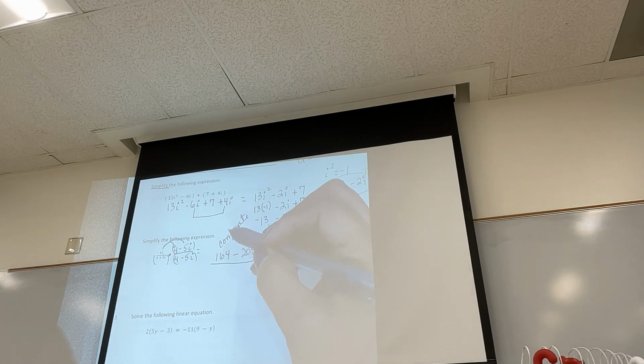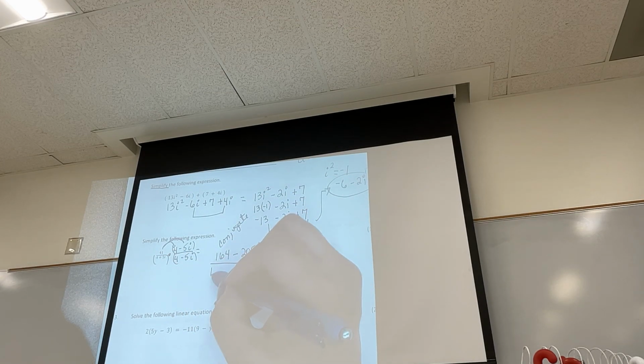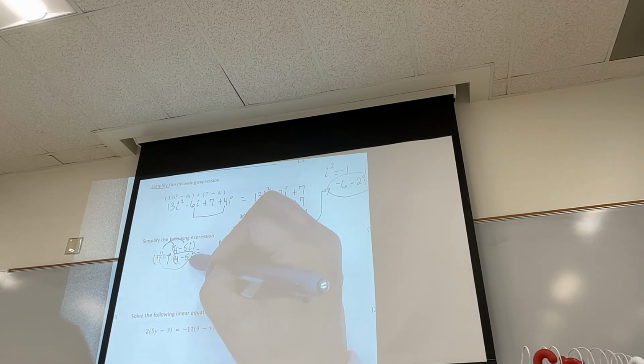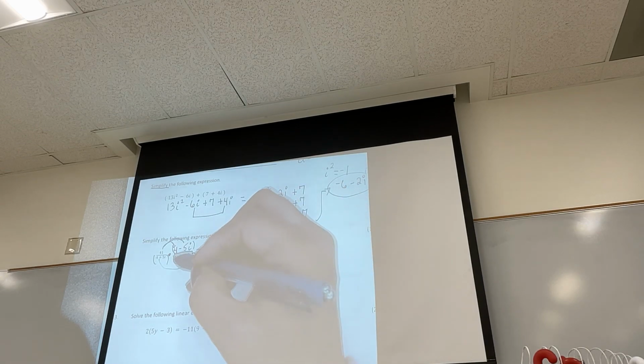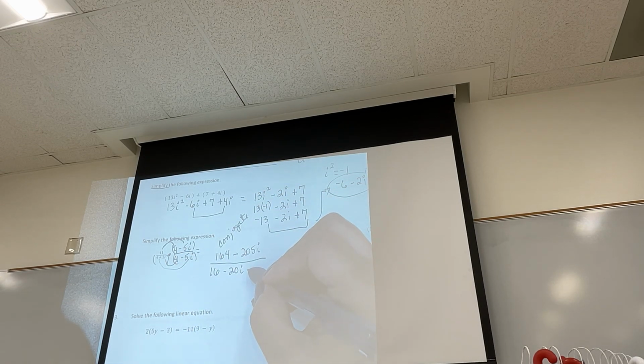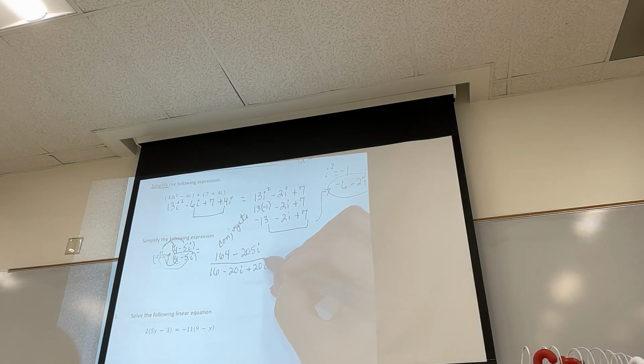Divided by or over. Everybody can FOIL. All right, 4 times 4. 16. 4 times negative 5i. 5i times 4. 20i. It doesn't matter which one you do first as long as we account for each term, okay? 5i times negative 5i.